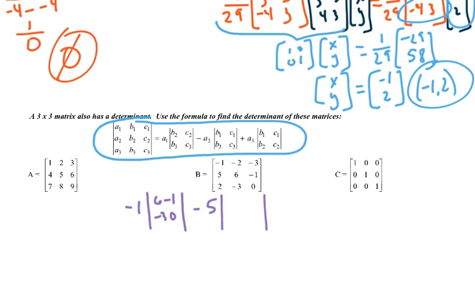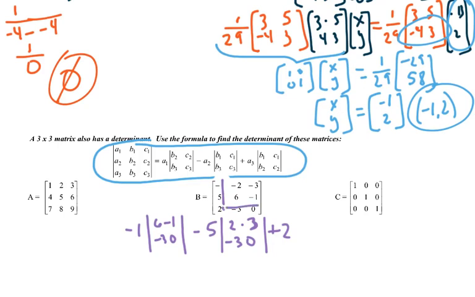So the one way I remember it is, when you have the 5, it's almost like you're eliminating the row and the column that the 5 is in. And then the numbers you're left with are the ones that go in the determinant. And then for the last one, plus A3, A3 is the 2. So if I eliminate the row and the column that the 2 is in, then I see the -2, -3, 6, -1.